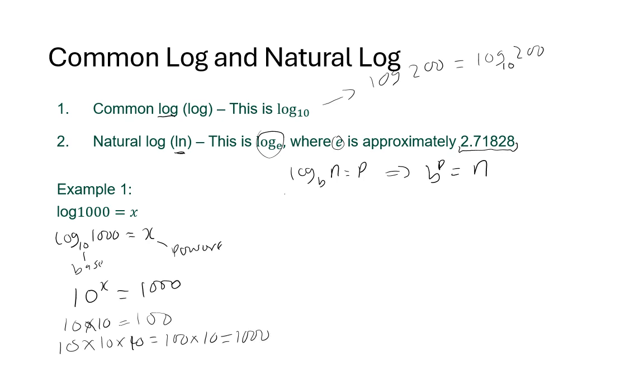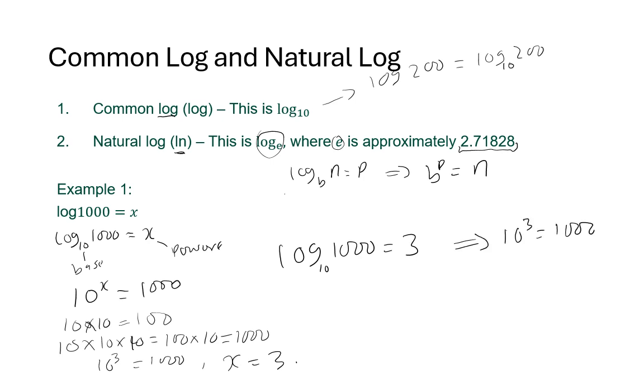So this is 10 three times, that is 10 raised to power 3 is 1000. So from this one we can see our x is 3. So you can write log of 1000 base 10 is equal to 3, because 10 raised to power 3 is equal to 1000.